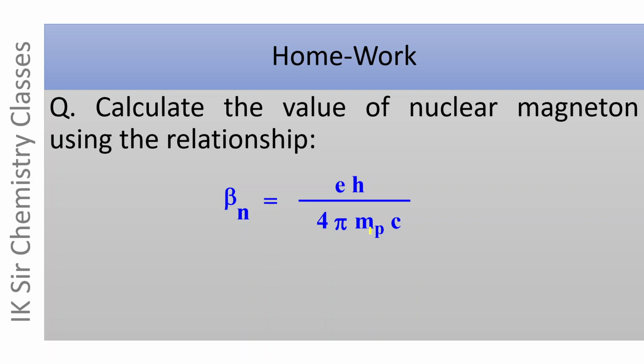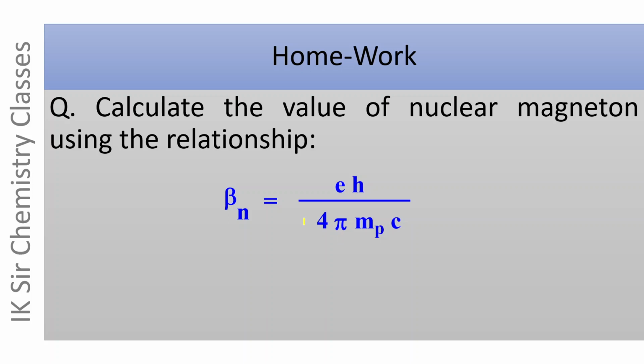We have already seen that there is a term beta which is called Bohr magneton, and Bohr magneton beta is equal to eh by 4 pi mec, and the value of beta we have already calculated in the previous video.